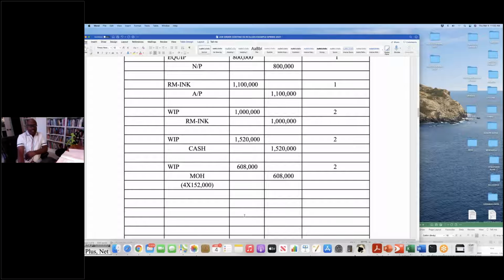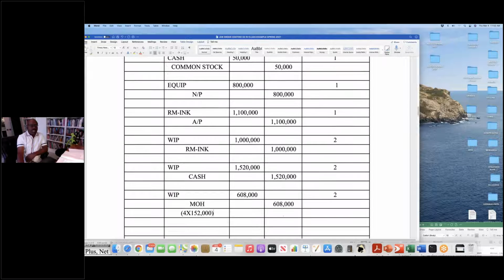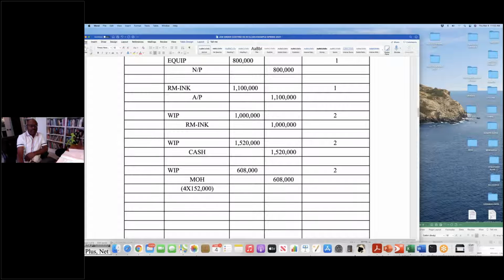That's how we got the 608,000. Does everyone see that? POR, remember, we originally calculated that at 4. And we apply it to the actual labor hours.